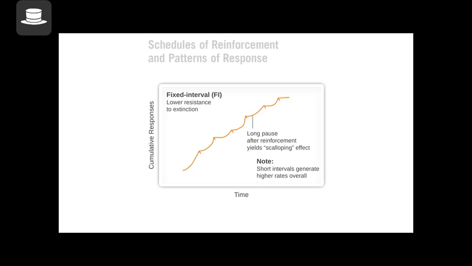And you can see that there are long pauses between reinforcements, creating this pattern called the scalloping effect. Also, fixed interval, similar to fixed ratio, has lower resistance to extinction.